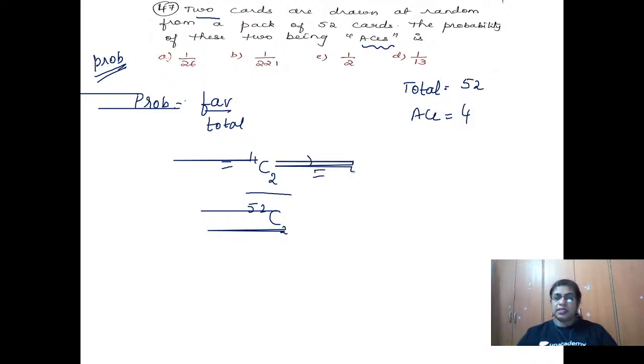So this is nothing but 4 into 3 by 2 into 1, whole divided by 52 into 51 by 2 into 1. When I simplify and cancel, I get the answer 1 by 221, which is the B option.